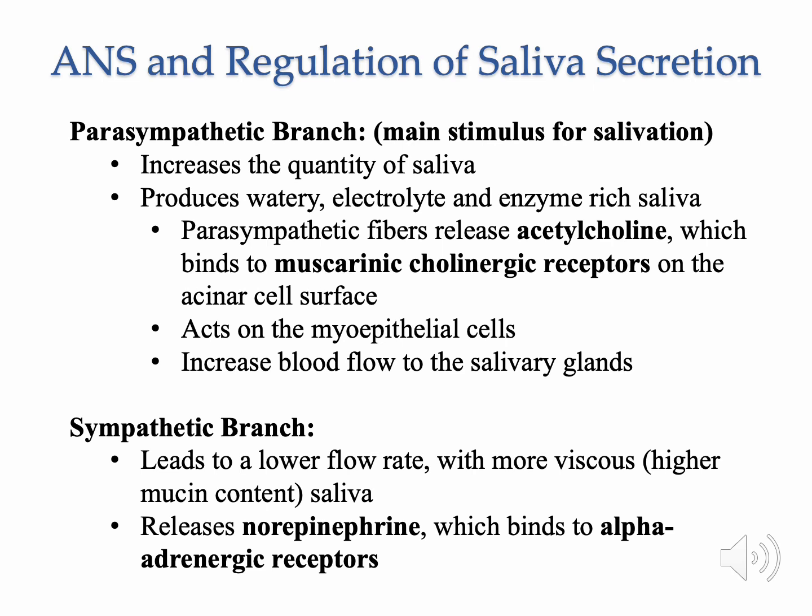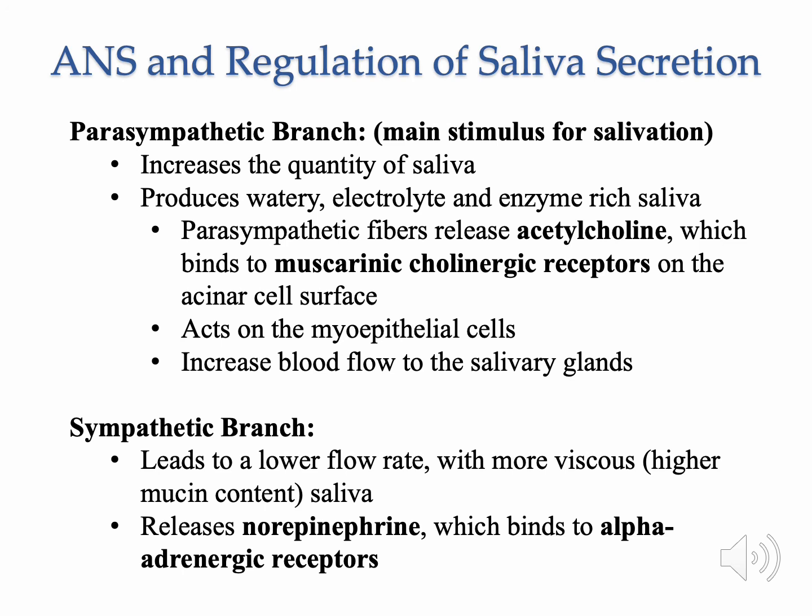Although both branches of the sympathetic nervous system can stimulate salivation, they do so in much different ways. So the parasympathetic branch of the nervous system is our main stimulus for salivation. So this will create an increase in the quantity of saliva that's being produced. We tend to see more watery saliva, so it's definitely targeting the parotid glands.